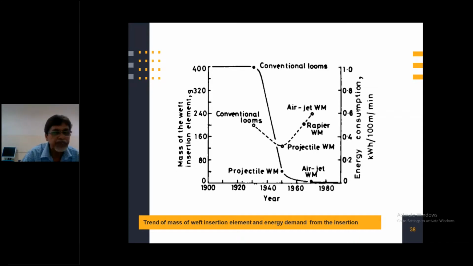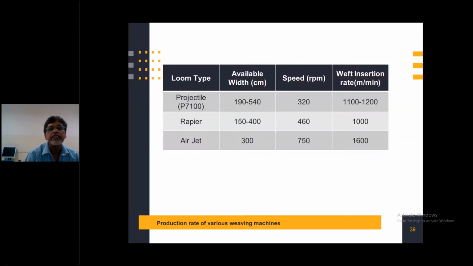Before finishing it up, I will give you another problem of all these machines. They are good machines as far as the design is concerned. If you see their insertion rate, it is very high, 1100 to 1200, 1600.